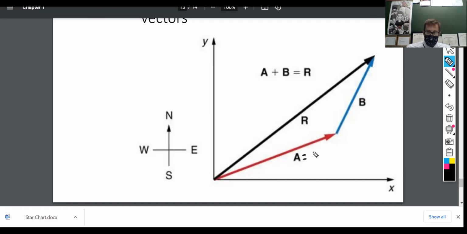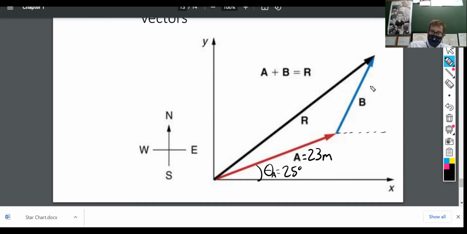So we'll say the displacement here is 23 meters, and this angle right here, theta sub A, is 25 degrees above horizontal.